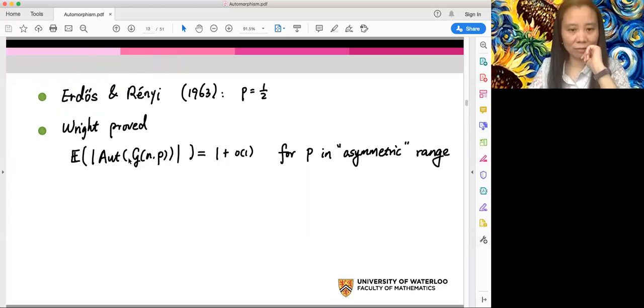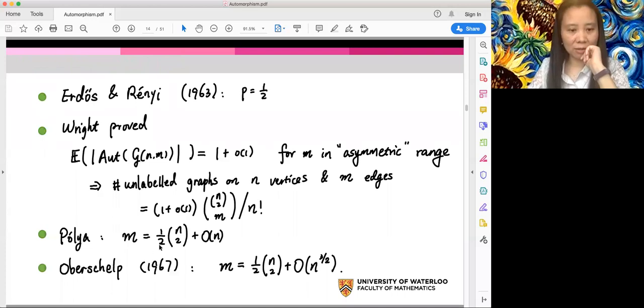What he wanted to claim is that when p is roughly a half, so m is about a half times n choose 2, then the expected size of the automorphism group is 1 plus little o(1). But again, that result didn't really appear.